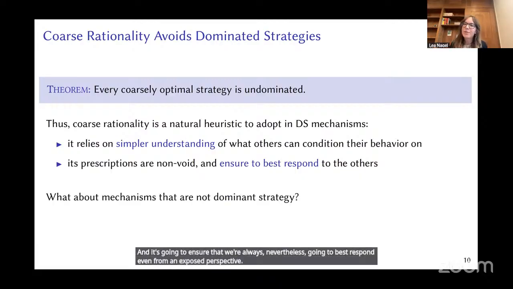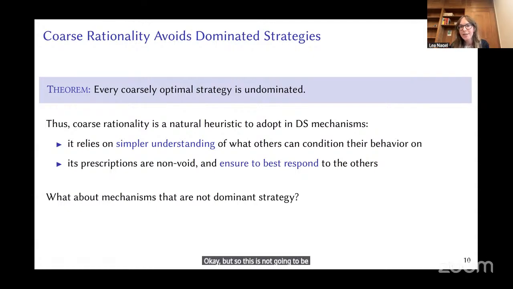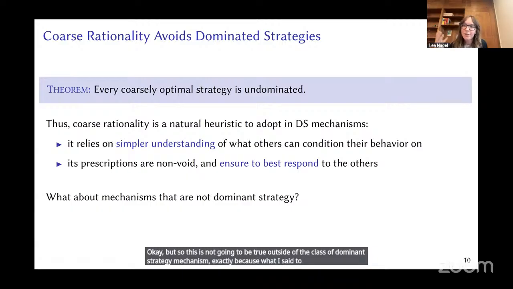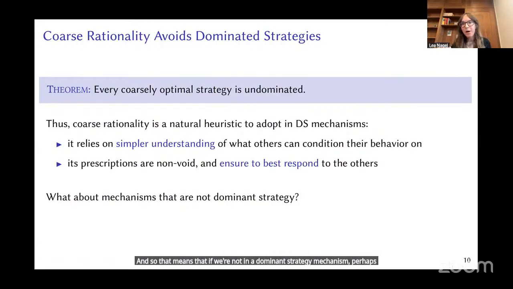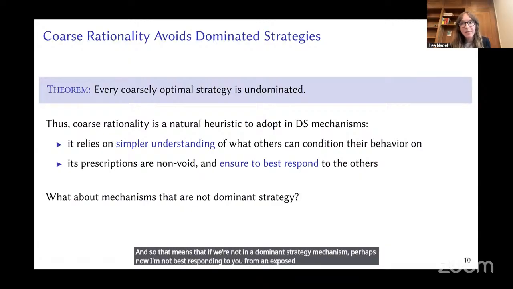But this is not going to be true outside of the class of dominant strategy mechanisms, exactly because of what I said to Francesco. As Francesco said, you behaving coarsely optimally does not mean that you behave coarsely necessarily. And so that means that if we're not in a dominant strategy mechanism, perhaps now I'm not best responding to you from an exposed perspective if I ignore the fact that you might want to choose a non-coarse strategy.